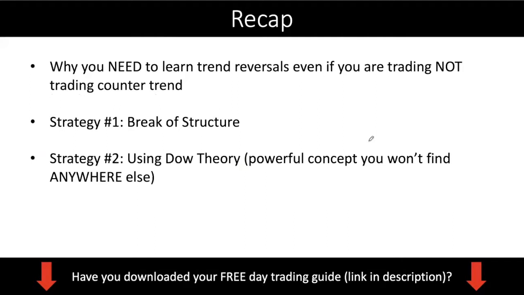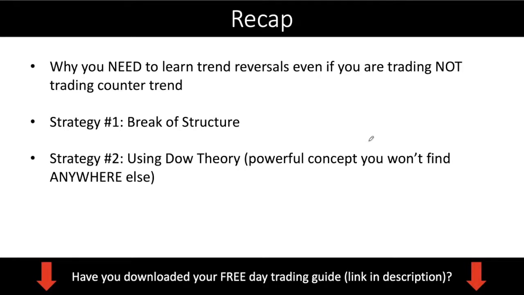Then I shared with you strategy number one, which is a break of structure. If price is in the uptrend, making higher highs and higher lows, then you want to see that the higher low is broken and there's a change in structure. The converse is also true for a sell trade. In a bear market, if you're having lower lows and lower highs, then you want to see that price makes a higher high.